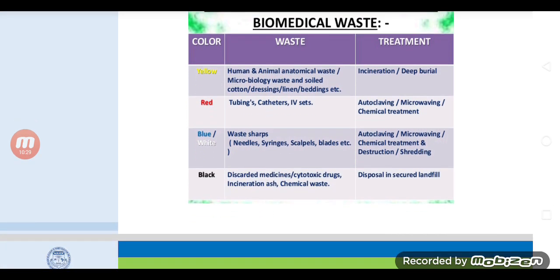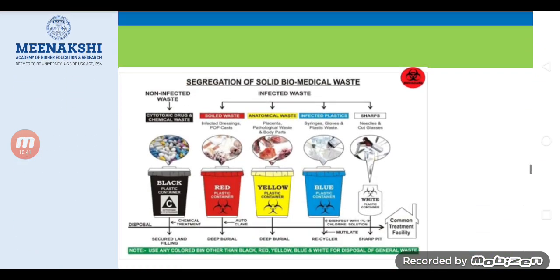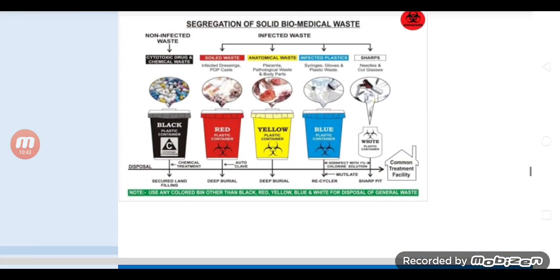Next, we will see the biomedical waste color coding. We'll have yellow, red, blue, white, and black color coding with their own waste, and it will be segregated. In this picture, you can see all the color coding bins which are used in a hospital setup, based on the infected waste and also non-infected waste.